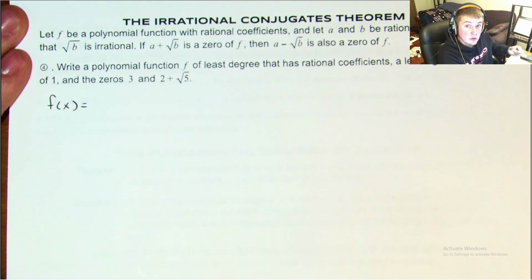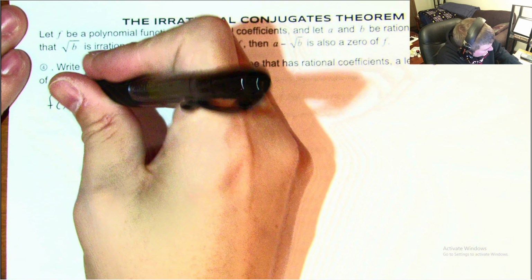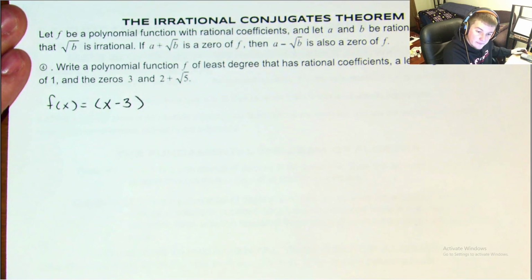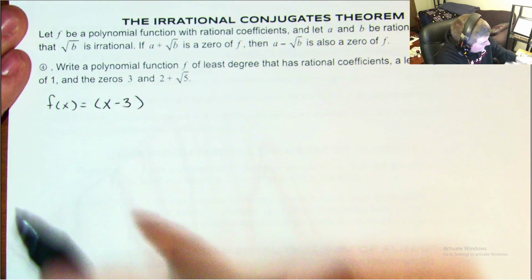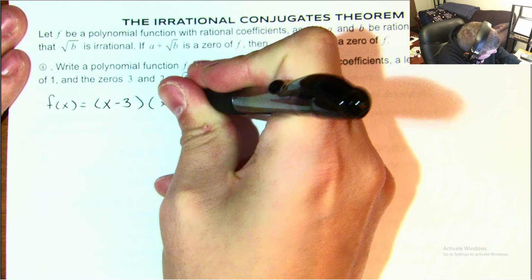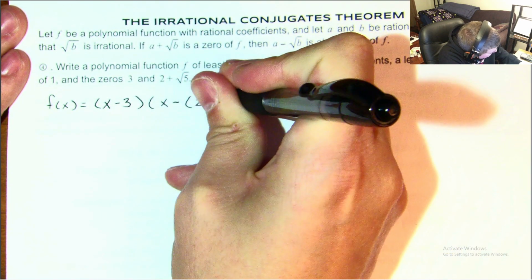Since it has a 0 of 3, that means it has a factor of x minus 3. Since it has a 0 of 2 plus the square root of 5, that means it has a factor of x minus (2 plus the square root of 5).